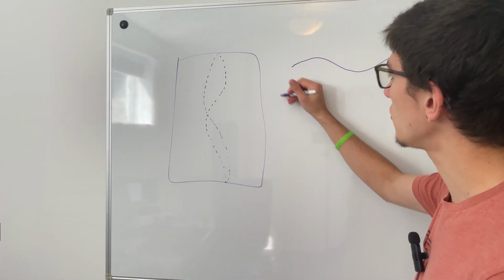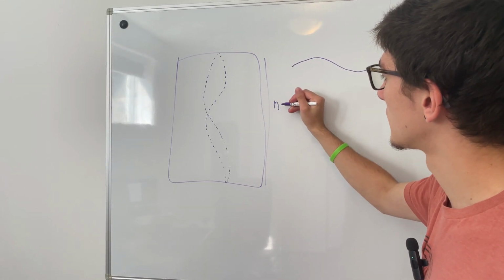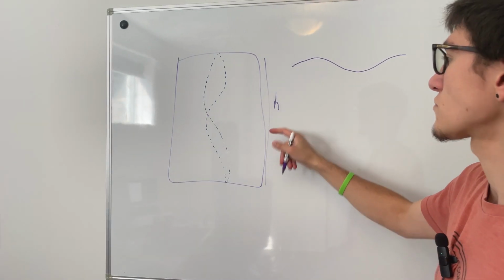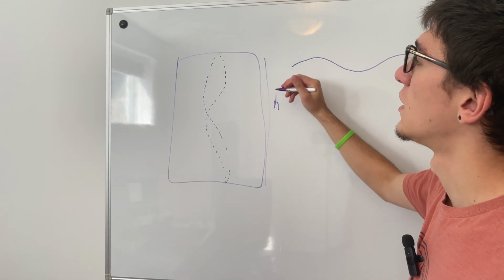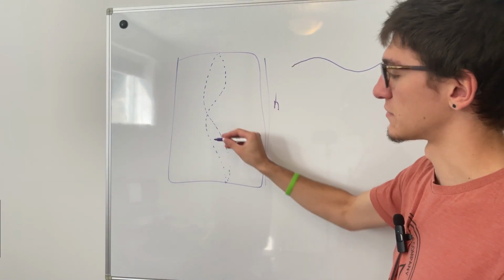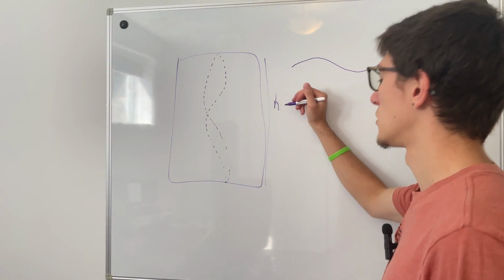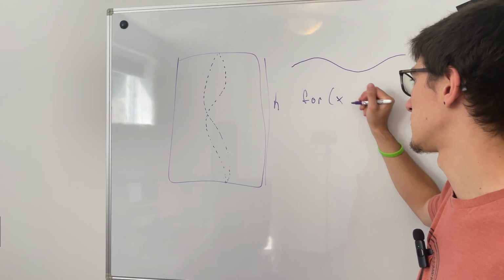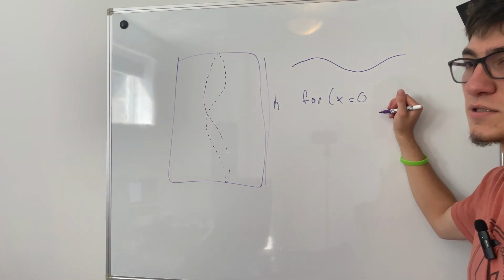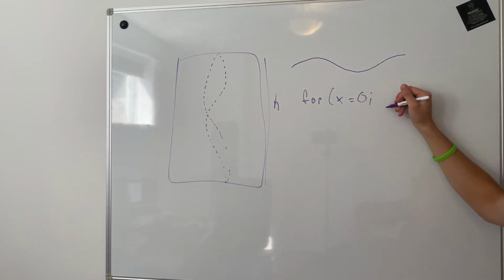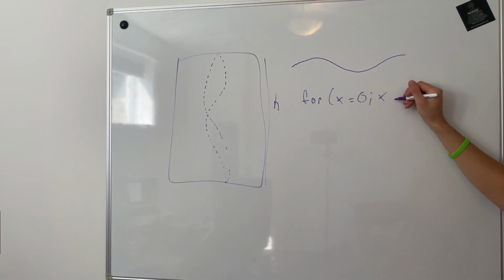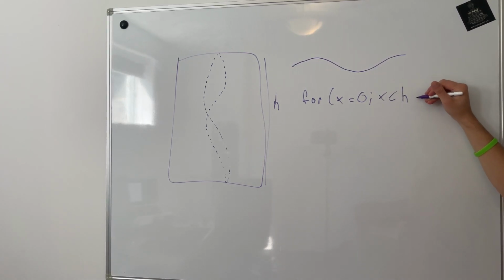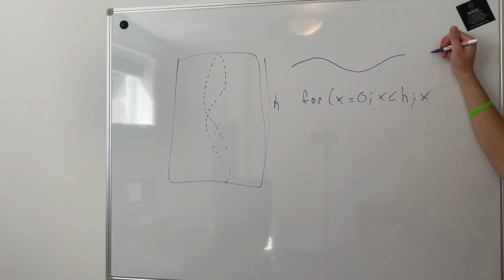So we have the height of the canvas, I'll call this h. What I was thinking is it's basically points that he has for the sine wave line. So we could just do a for loop with x equal to 0, and as long as x is smaller than the height, we add to x some amount, and we can have a variable for spacing.